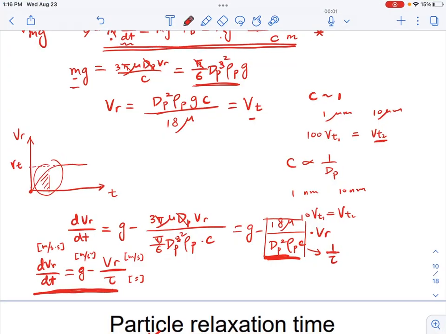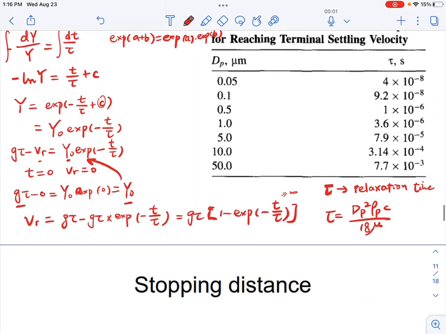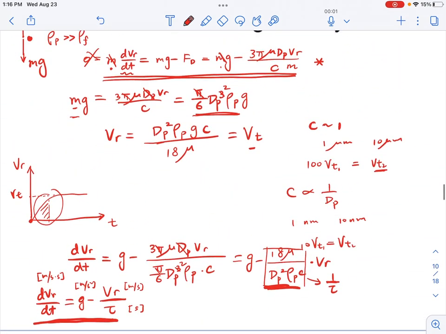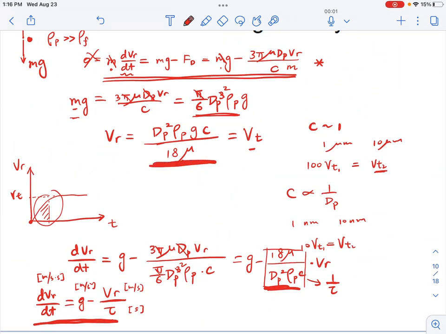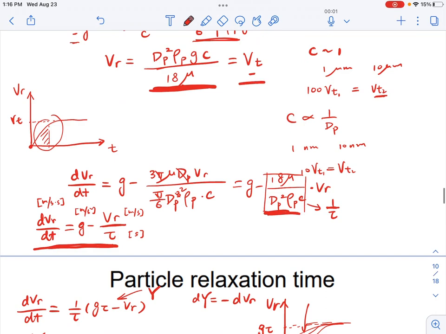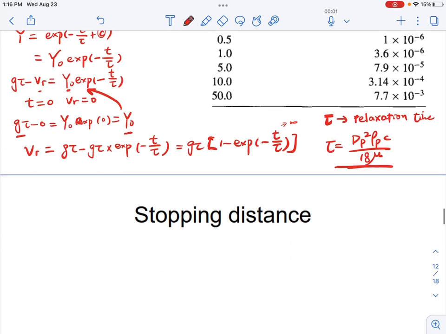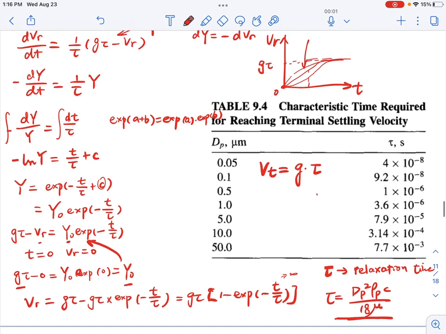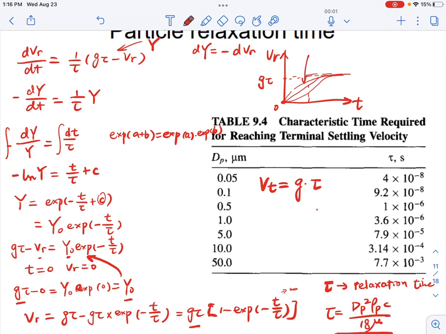I would say this term looks quite familiar to us. We remember that for the terminal velocity we had this term. So the terminal velocity is just g multiplied by the relaxation time. We also showed that here: when time goes to infinity, this term is just g multiplied by tau.